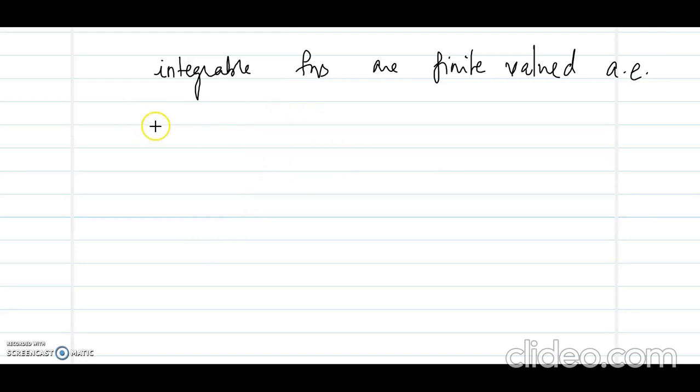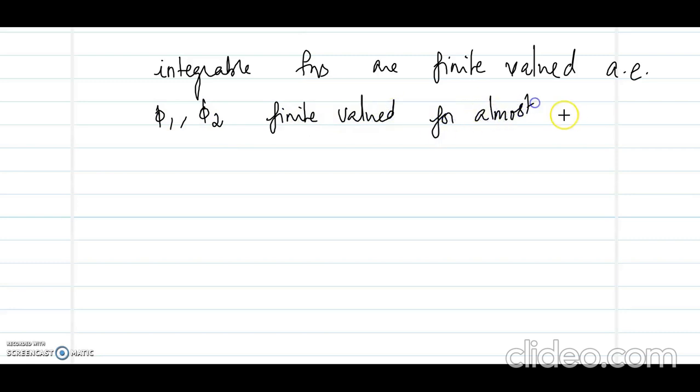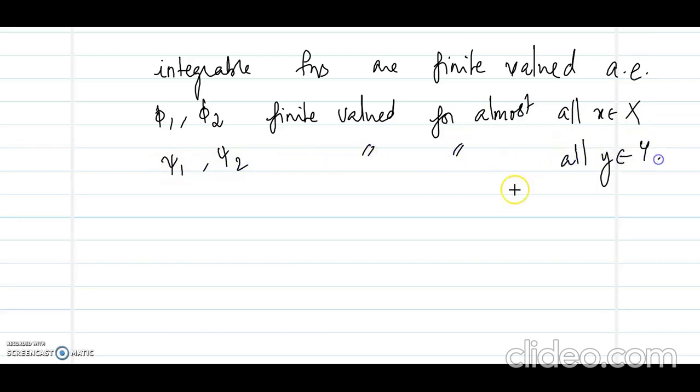So by this result, phi 1 and phi 2 will be finite valued for almost all x belonging to X, and similarly psi 1 and psi 2 will be finite valued for almost all y belonging to Y.